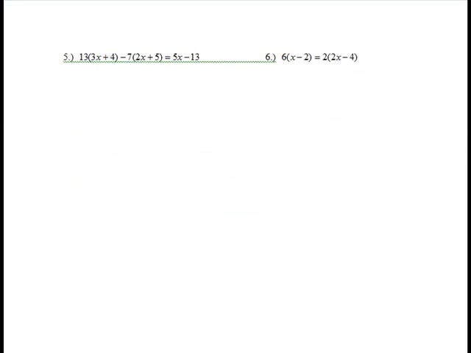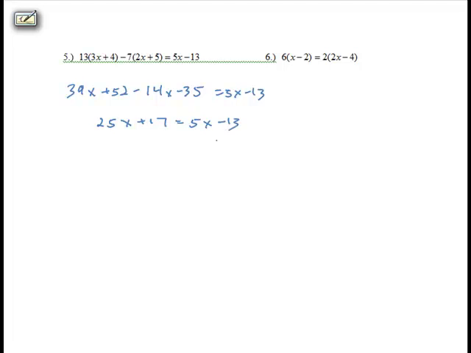Number 5, simplify each side. First of all, it's a linear equation still with one variable. The left-hand side, distribute that 13, 39x plus 52. Distribute the negative 7, minus 14x minus 35 is equal to 5x minus 13. Combine like terms. 25x plus 17 is equal to 5x minus 13.